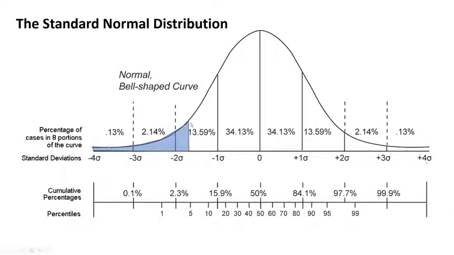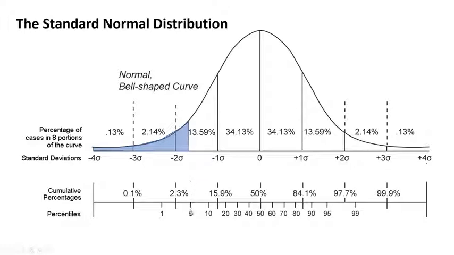Let's go a little farther in this direction. Here we're going to stop at this point. So how much of the area under this total normal distribution, how much of the area under the curve, starts here at negative infinity and ends at this point here?